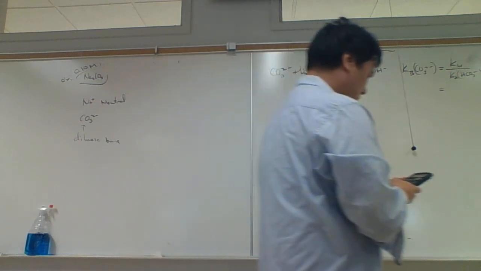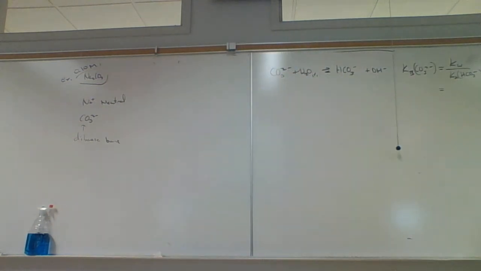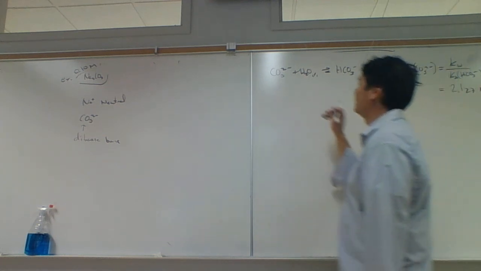So 1 times 10 to the negative 14 divided by 4.7 times 10 to the negative 11. I get 2.12. Actually, I'm only out 2 sig figs, 2.12. Maybe I'll throw in one more, 2.127 times 10 to the minus 4. And so this is my Kb value here.